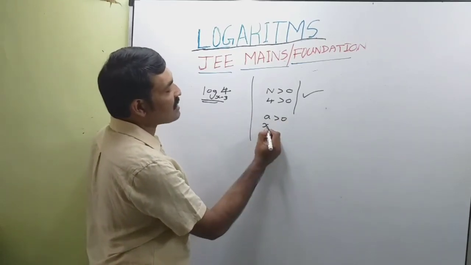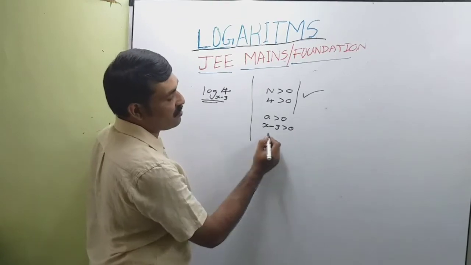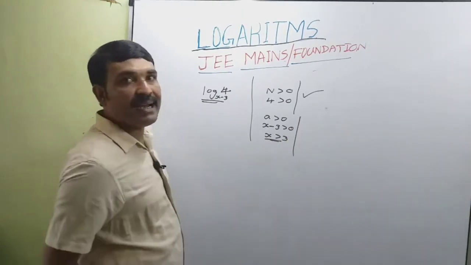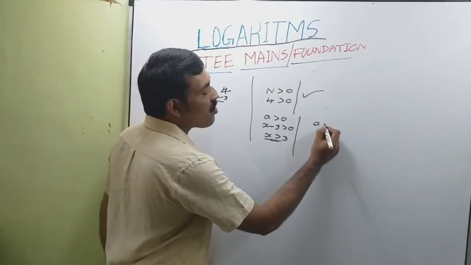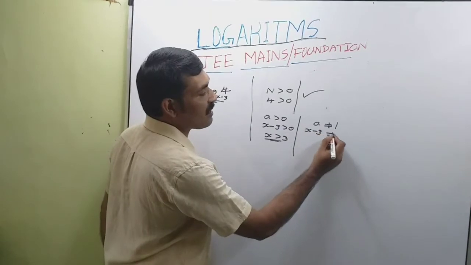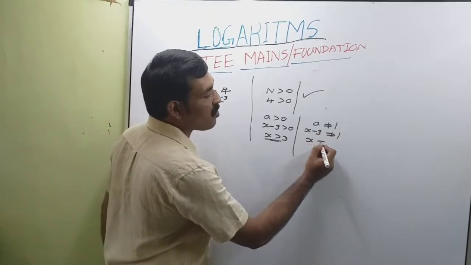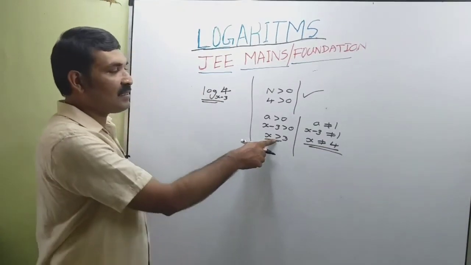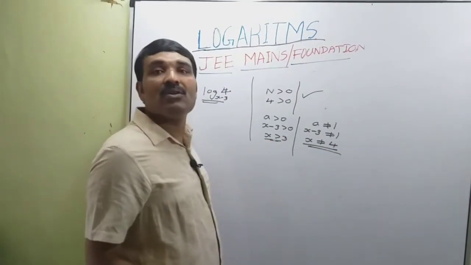That means x minus 3 greater than 0 or x greater than 3. And third condition is a not equal to 1. That means x minus 3 not equal to 1 or x not equal to 4. So x is greater than 3 and x not equal to 4.